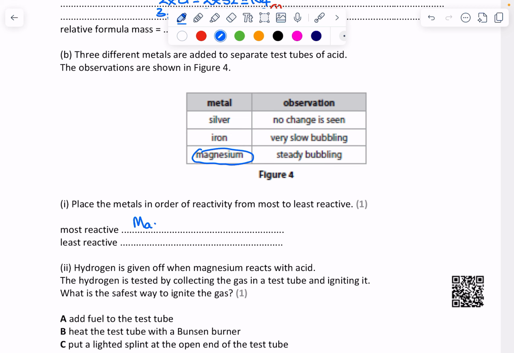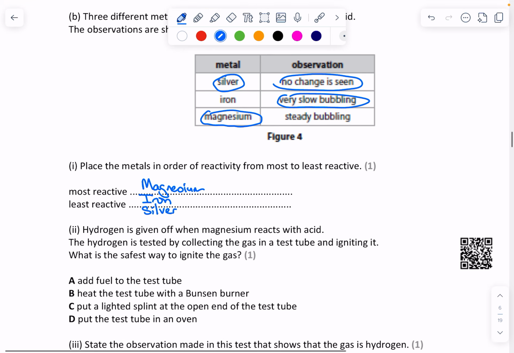So that's definitely going to be the most reactive. We've then got silver, no change, nothing's happening, so therefore it's not reactive. So silver is going to be the least reactive, and that leaves iron in the middle, because it's done some slow bubbling.